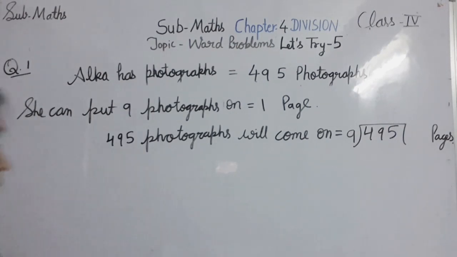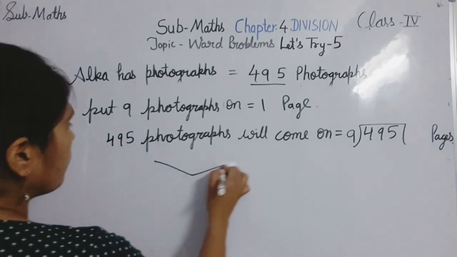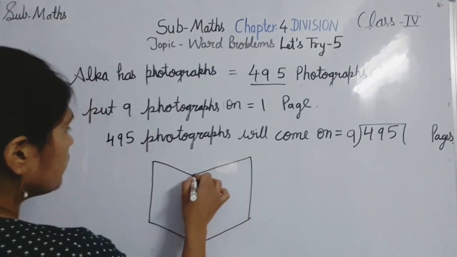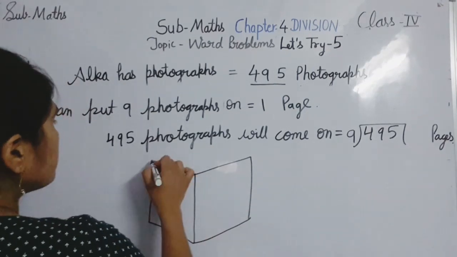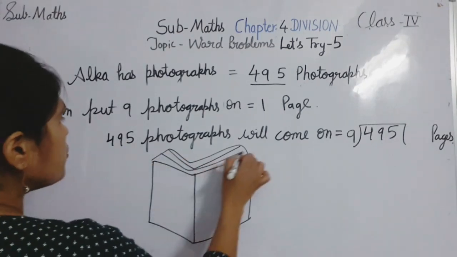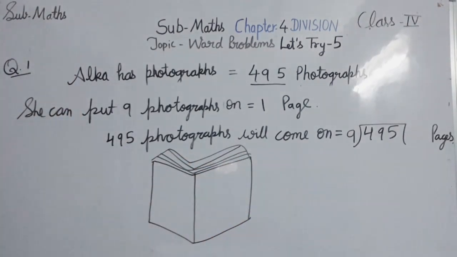So in a simple way they have given the total photographs. How many total photographs does Alka have? She has 495 photographs, and there is one album. Many sheets are there in this album. This is one sheet and the other sheet, like this.